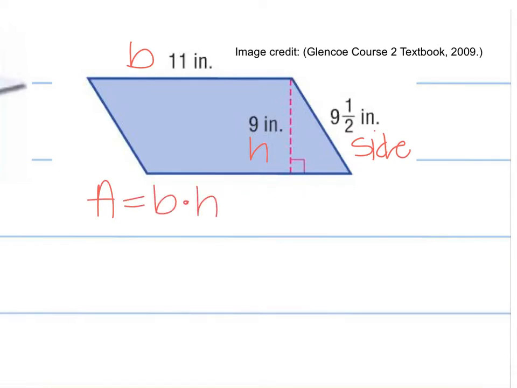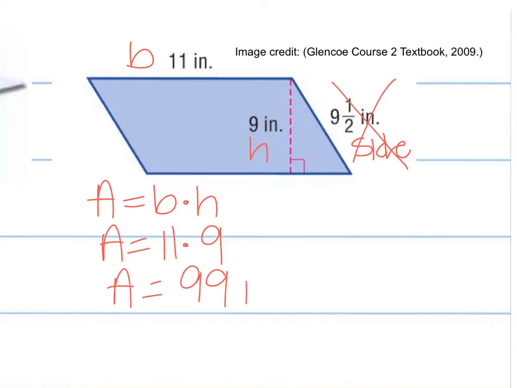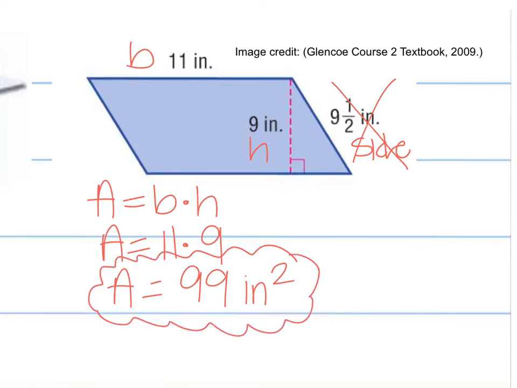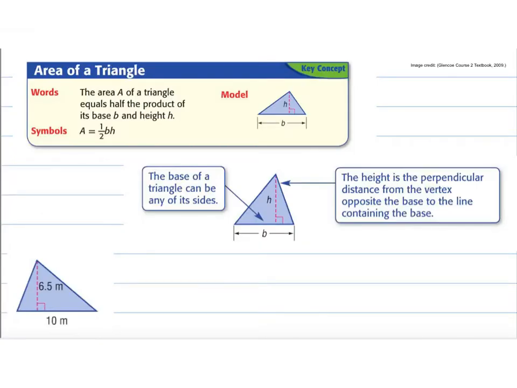So the side has nothing to do with the area. The area then is going to be 11 times 9, which we know is 99, with my units being inches squared. Always, always, always have your label with it. Area is squared. So those are examples of finding the area of a parallelogram.